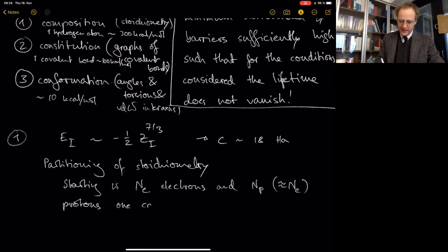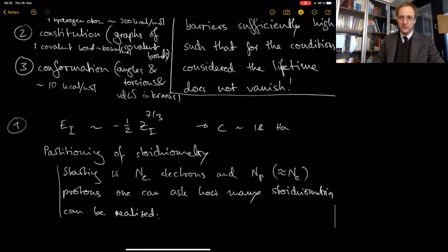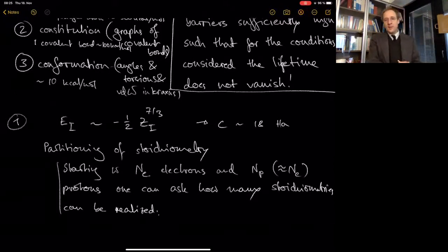One can ask how many stoichiometries can be realized. This is a partitioning problem, an integer partitioning problem.